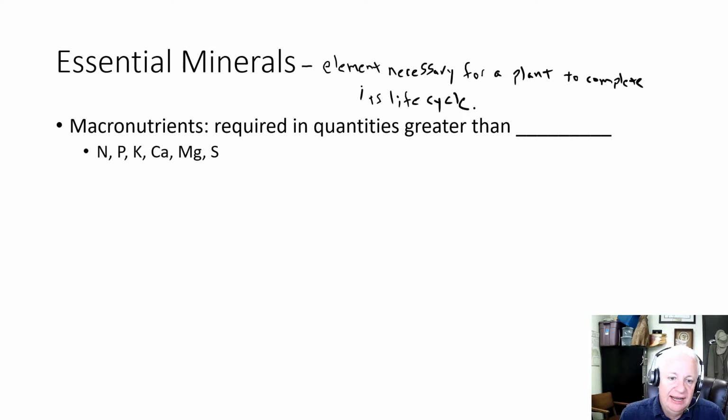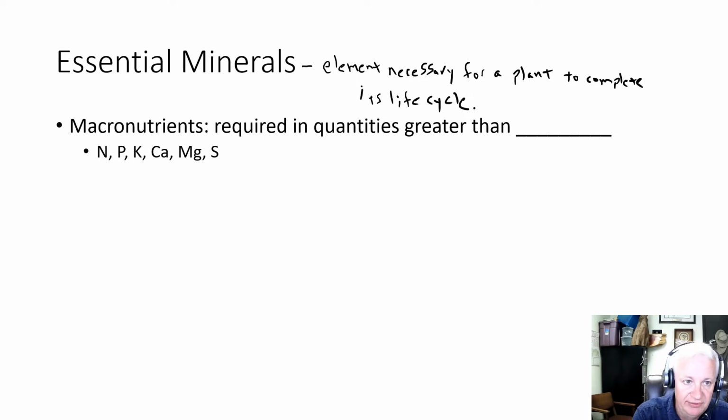And we divide those mineral elements into two categories, macronutrients and micronutrients. And that's just divided based on the quantities of those elements that are generally required by the tree or by the plant. So macronutrients are nutrients that are required in greater quantities.